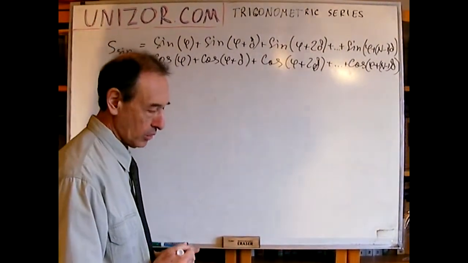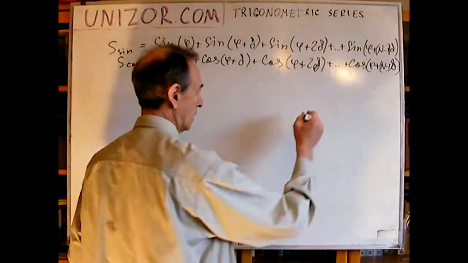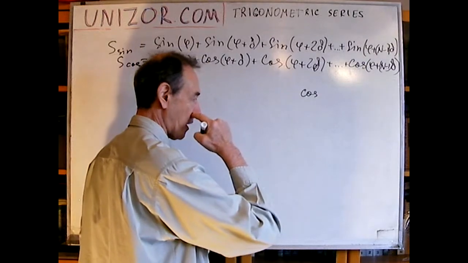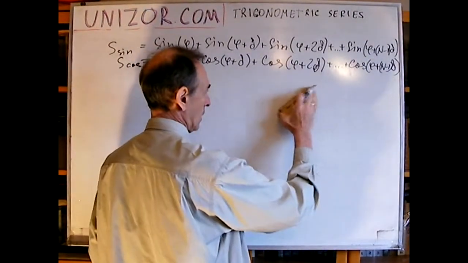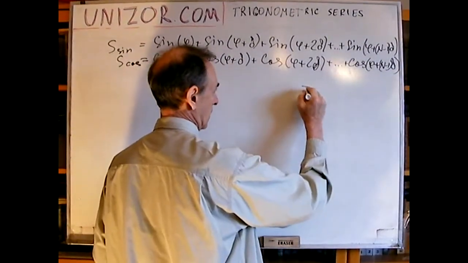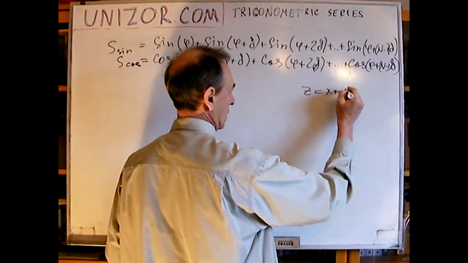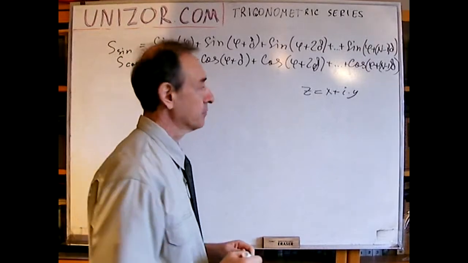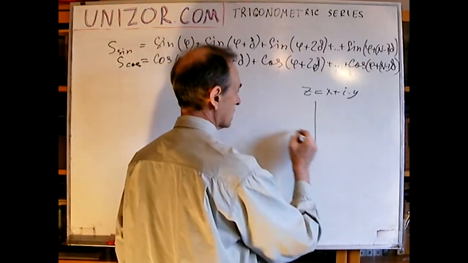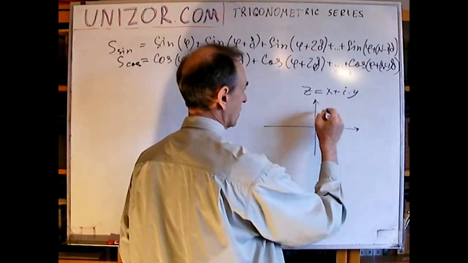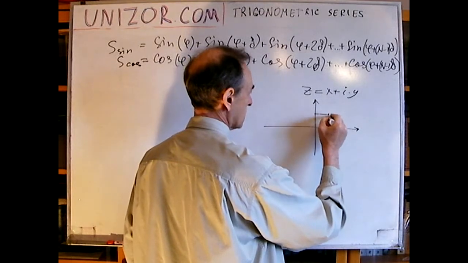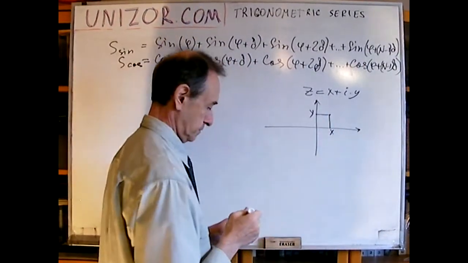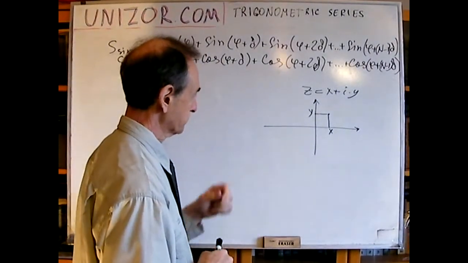Let's just recall that any complex number, let's say we have this complex number, can be expressed geometrically as a point with coordinates x and y, right?